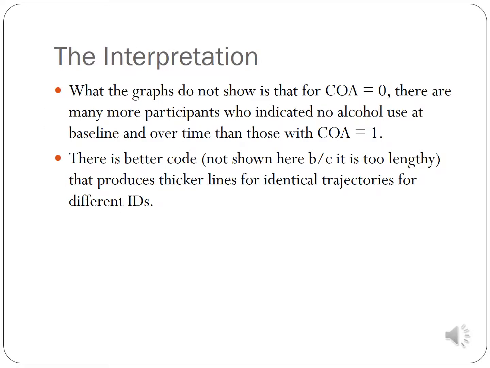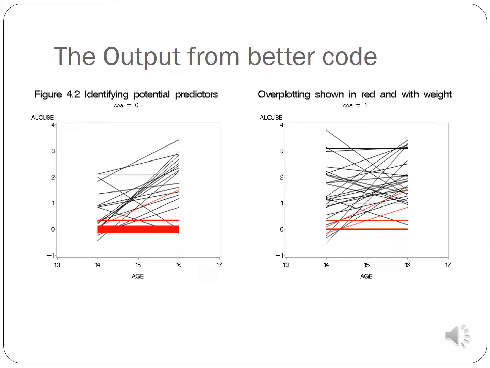Similar to earlier, here is just the text of what I just talked through, but we'll move into looking at the better output. I don't have the code here, but it's available online. So here you see the output from the better SAS code, and now the thickness of a line is correlated to the number of participants that would fit into that trajectory.